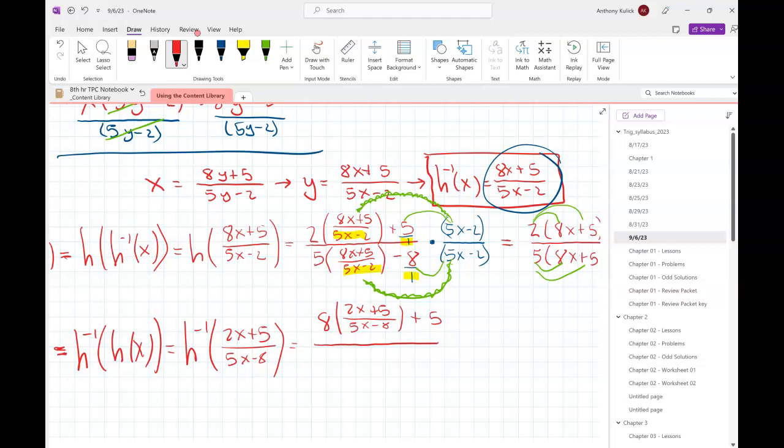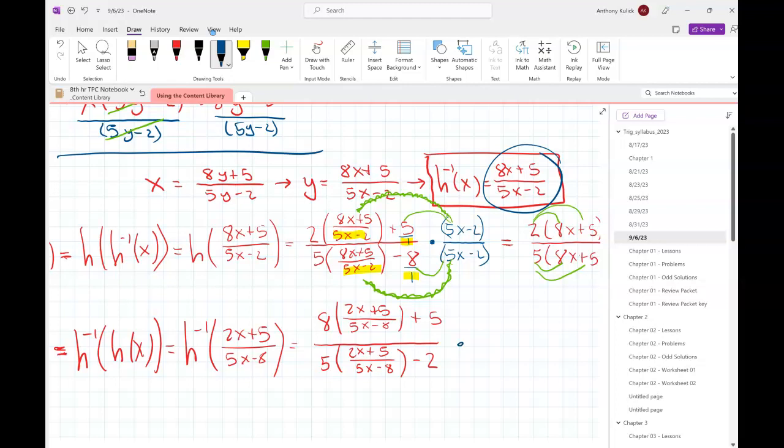And then the denominator was 5x minus 2, but instead of x, I'm going to write the fraction 2x plus 5 over 5x minus 8. Woo! It's a tough composition.